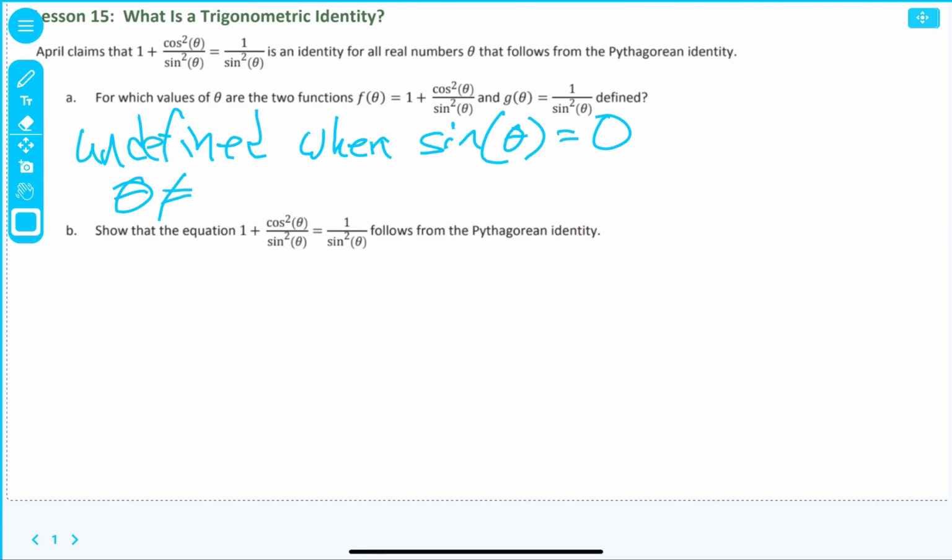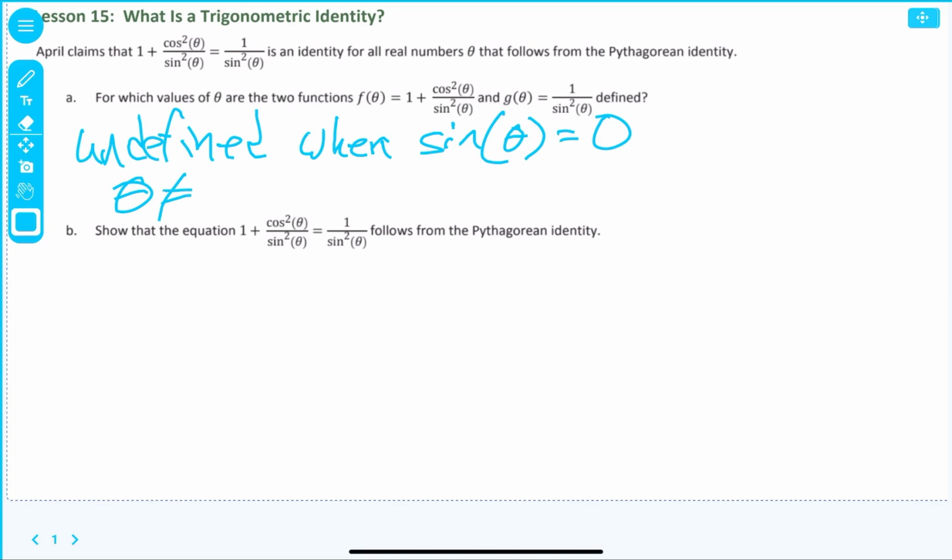If we're looking at our unit circle, when is sine 0? At 0 and at 180. That's when sine is 0.